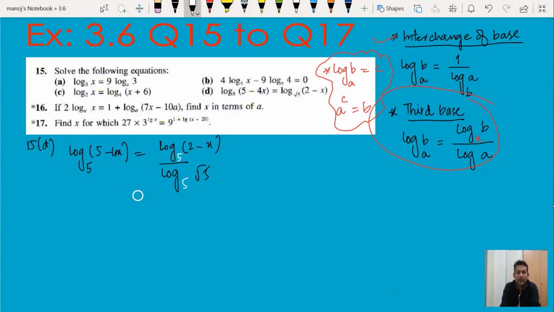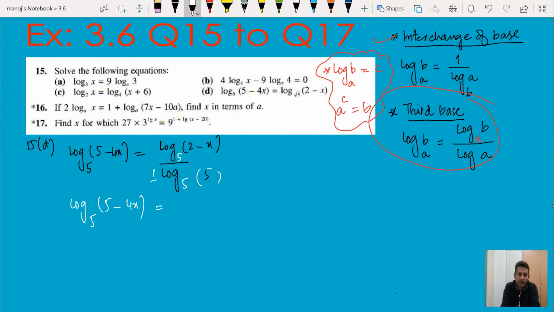Now this is the way we can do it. This will remain the same. I just need to copy this: 5 minus 4x. Here on the right hand side, when you see this, 5 power is 1 upon 2. Can I write 1 upon 2 as the power? This 1 upon 2 will become the coefficient, by the power law.